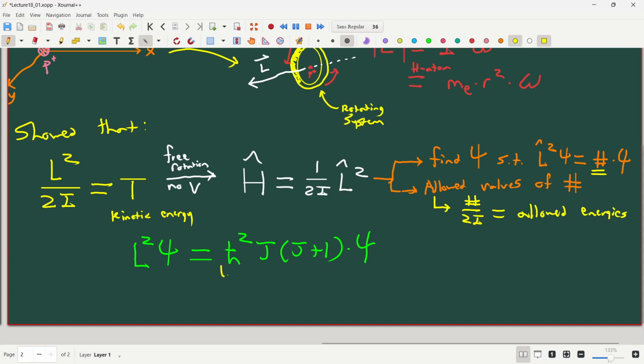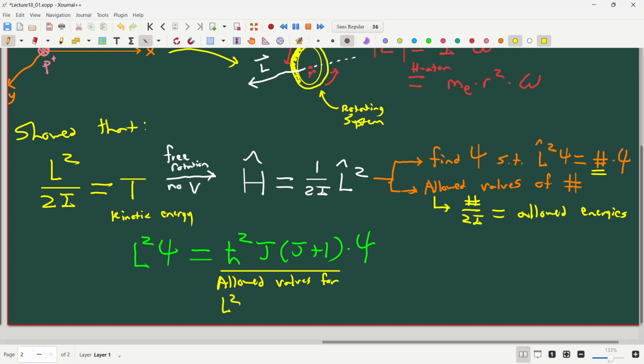And these are our allowed values for L squared. And j can be any positive integer or 0.